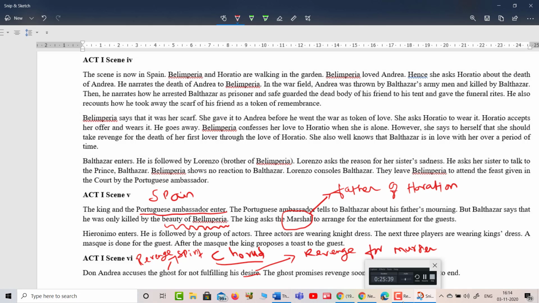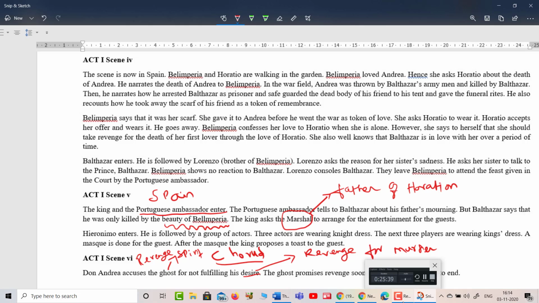And in the next scene, the most important scene, we see Bellmperia, daughter of the Duke of Castile, and Horatio walking in the garden, and they are discussing what happened in the war field. And Horatio says that his friend Andrea was murdered by Balthazar in the war, and after the death of his friend Andrea, he captured Balthazar and he gave proper funeral rites to Andrea.